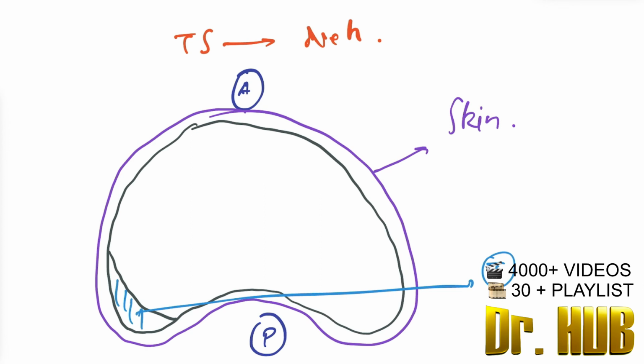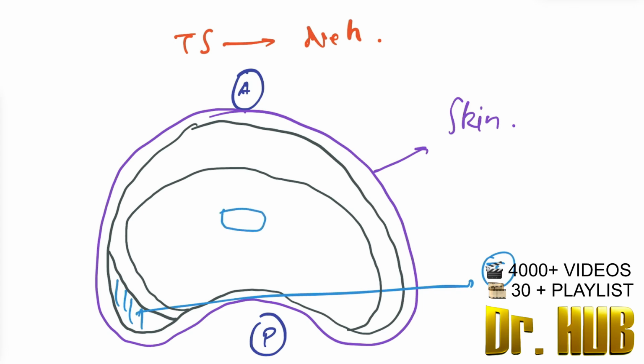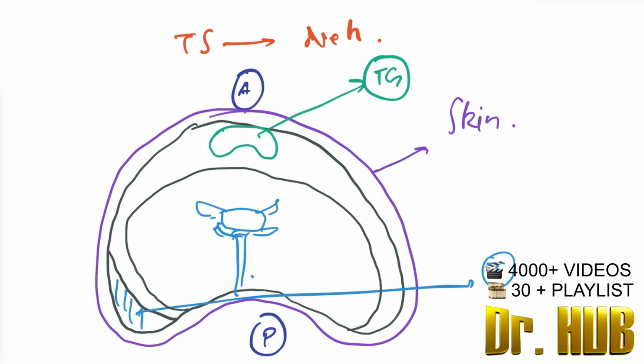And next there will be another layer, and between all this we will have the spine. Now here we will have the gland. This will be the thyroid gland, and there is a muscle which is enclosed.